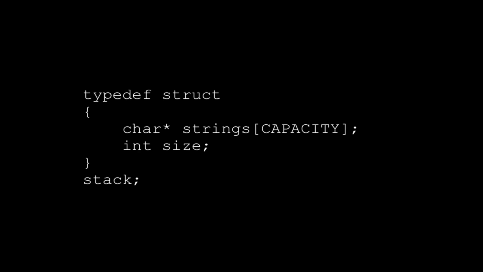All you need to have in order to create a stack is an array of a particular capacity, which in this case is going to be in all caps because it's a constant. And then in addition to the array, all we need to track is the current size of the array.